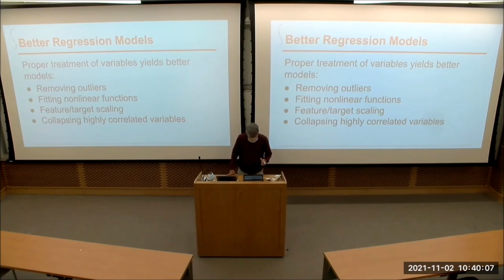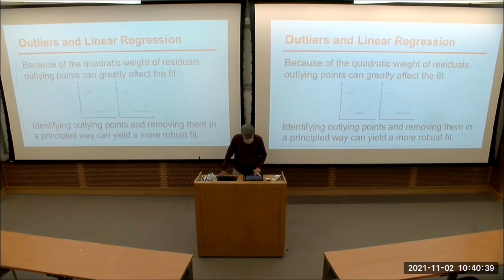The key to making good regression models is to realize that there are things you can do to your data matrix and things you can do to your target variables so that you yield better predictions. So linear regression is a good technique, but the key direction for us to think about is how do we pre-process our data to make it better?